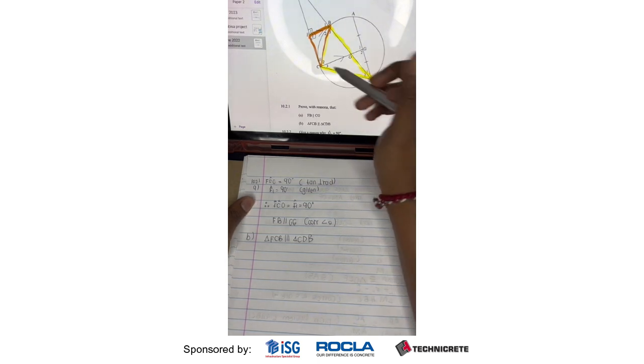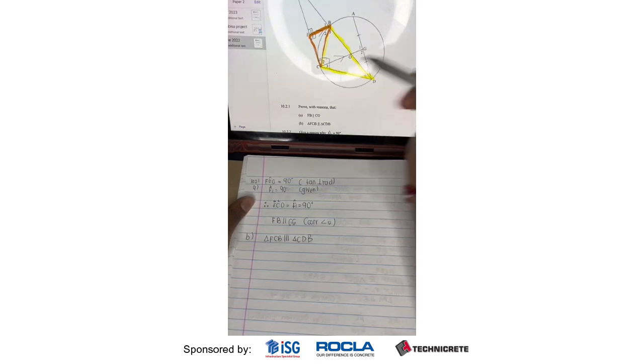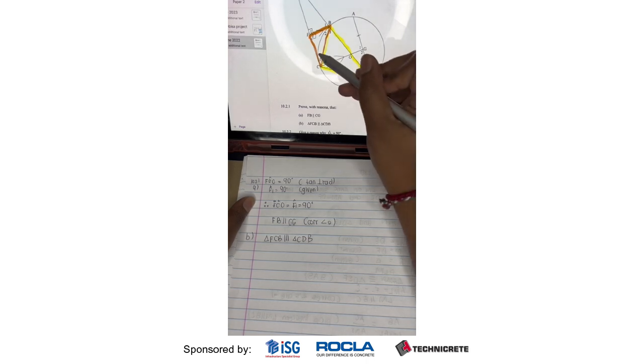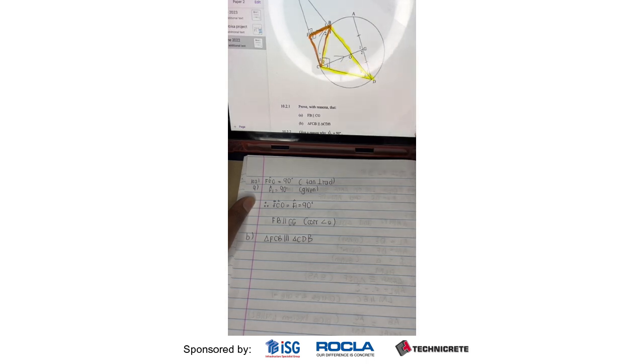I also know that BCD is 90 because of angles in a semicircle. D2 is going to be equal to C1 because of tan chord theorem. This is the tangent and here is my triangle. And then the last one is always sum of angles of the triangle.